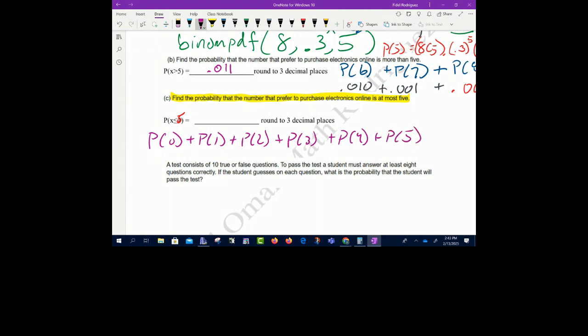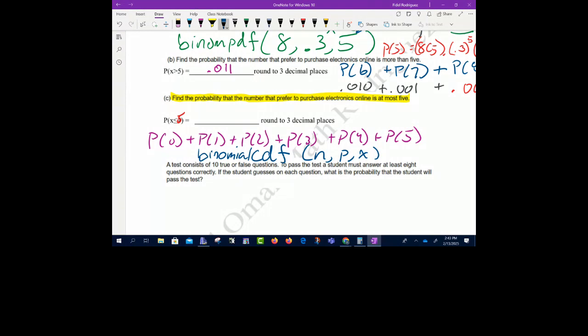Now, instead of us having to find each of those numbers individually, there is something called the binomial CDF, and it works the same way, okay? We're going to do our value of n, we're going to put our value of p, we're going to put our value of x.